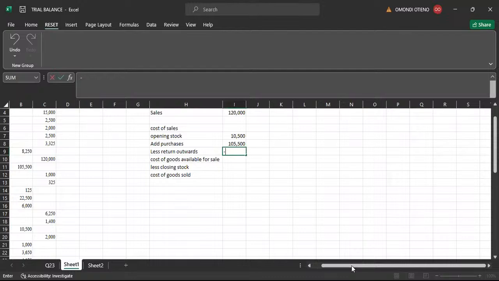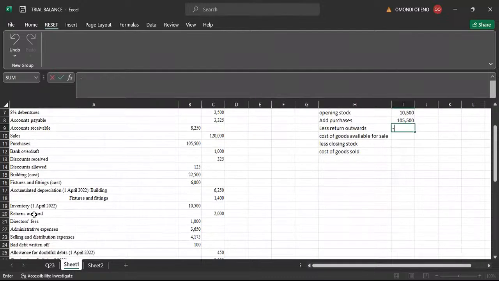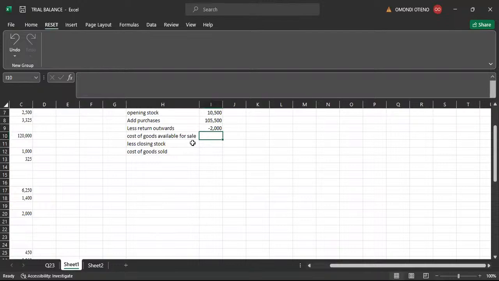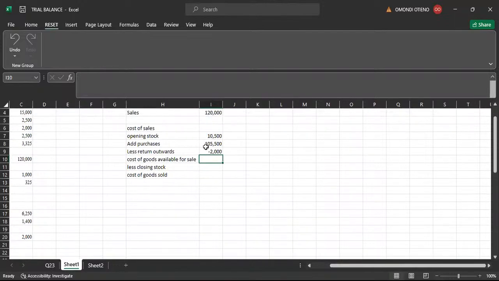I can just indicate a negative there and pick my return outwards, which you are able to identify is here. And then we get cost of goods available for sale. Because these are negative, it will reduce that. Of course, this one here is 116,000 minus 2, I expect to have 114,000. That is the cost of goods available for sale.